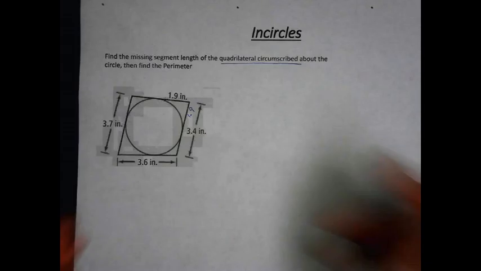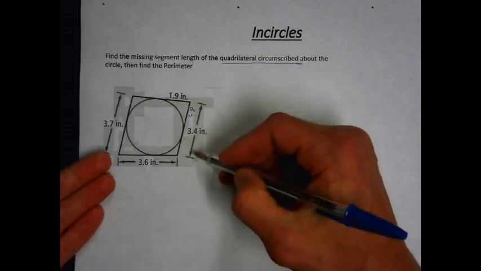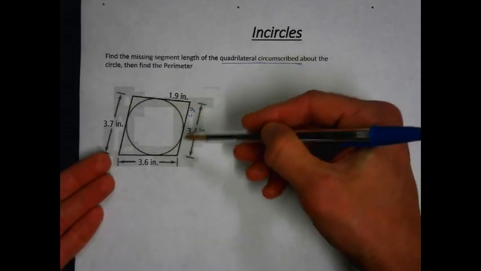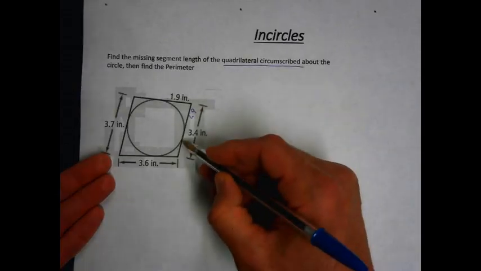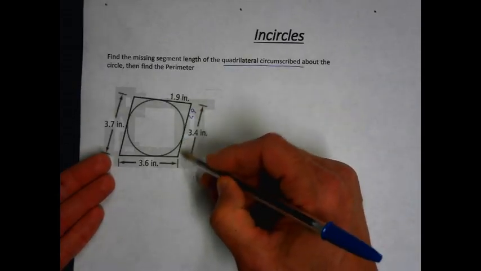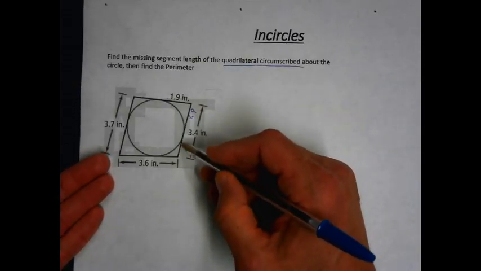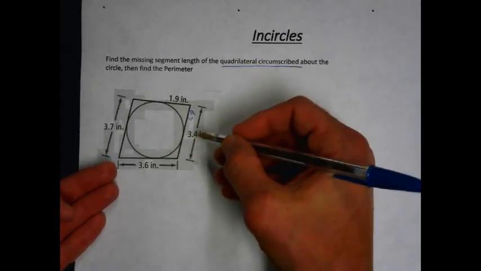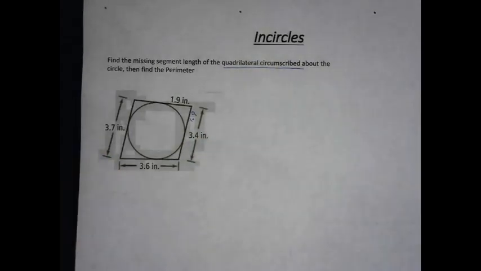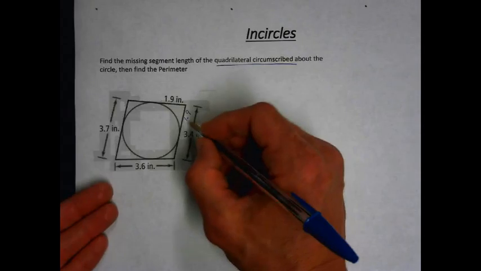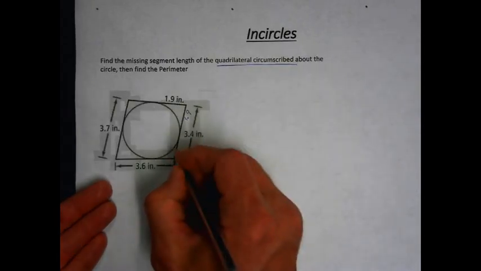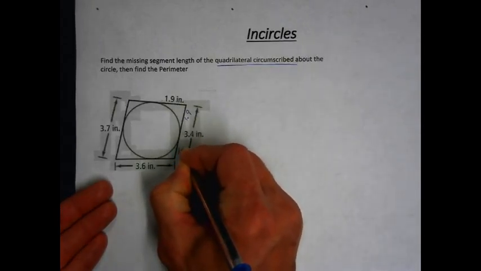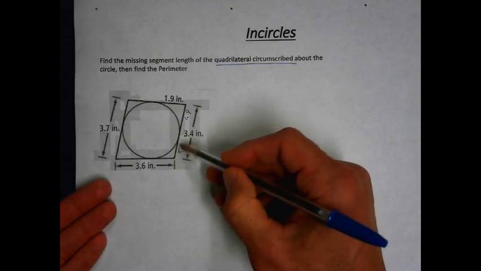Well, no, because the entire length is 3.4, and this is 1.9 here, so that must mean this is what's left over if we subtract 1.9 from 3.4, which should give us 1.5. Is that true? Yeah, 1.5. That's our distance here, 1.5.